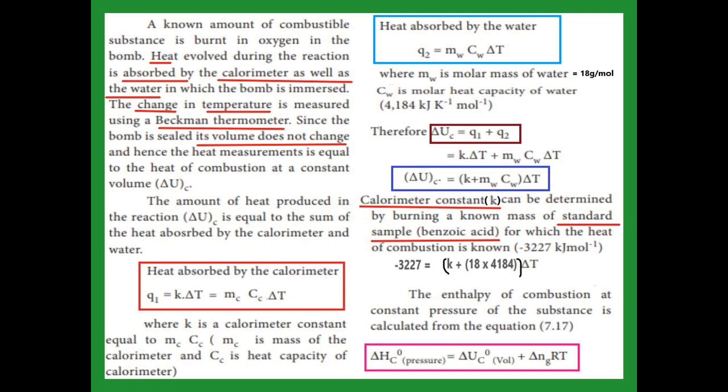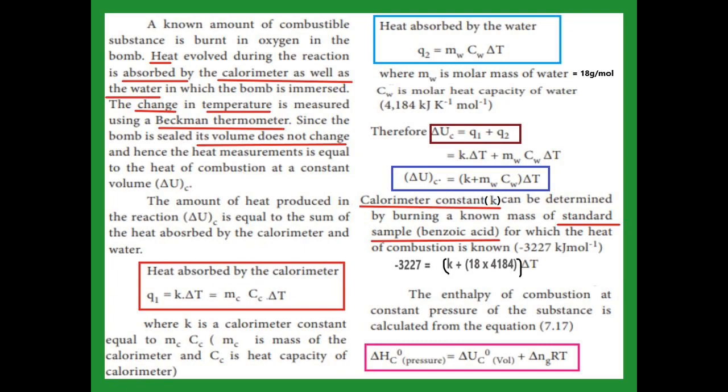If you put the temperature changes in the delta UC formula, what is delta UC for the benzoic acid? Minus 3227. Here the molar mass of water is 18 and heat capacity of water is also given. Only the delta T value we find out, then we can calculate the calorimeter constant value K.